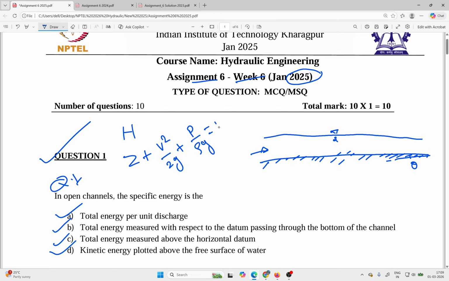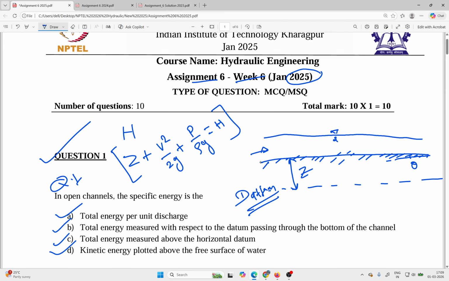This is your total head. Now if you are measuring from this datum, and this is your z, what is the specific energy?